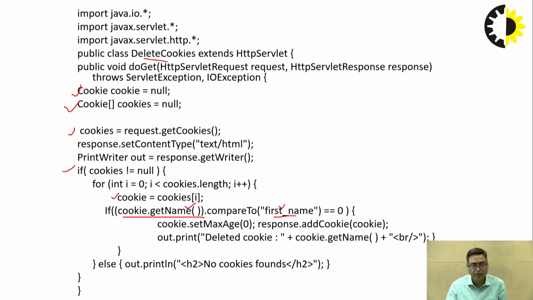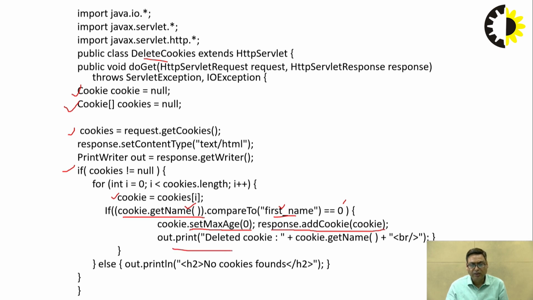If the comparison is true, then this if condition will be true, and we are setting the age of this cookie to 0, and again returning this cookie to the client machine. So when the age is 0, this cookie will not be stored at the client machine, and when we retrieve these cookies, it will return the value null, that is, the cookie has been deleted at the client machine.